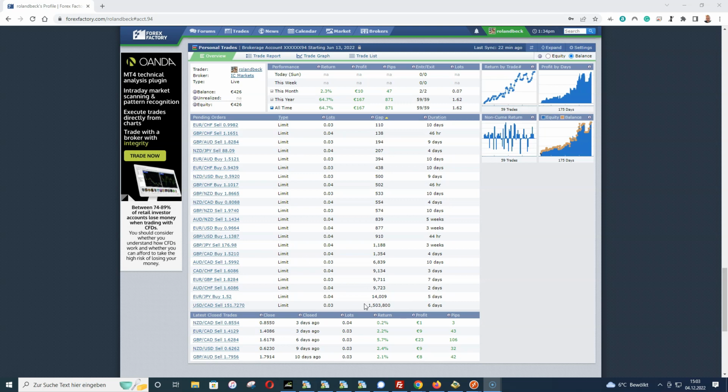And don't be worried about this: here you can see the entry is 1 million pips away from the actual price. This is only a trade I placed so that I don't forget to use the USD CAD again. This is no actual trade, okay? It was only a test.